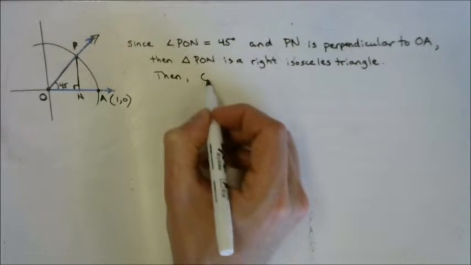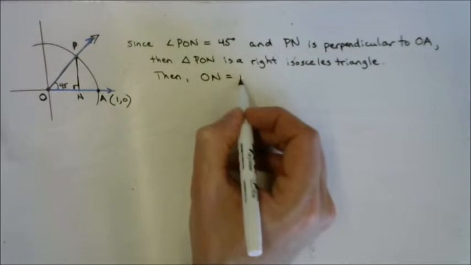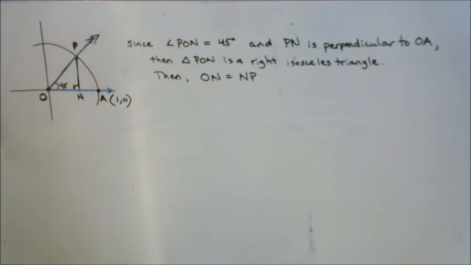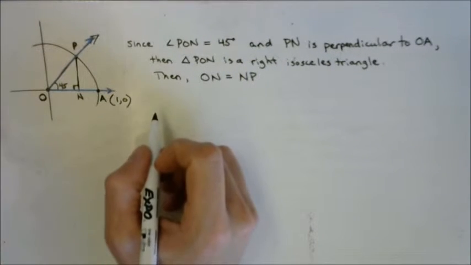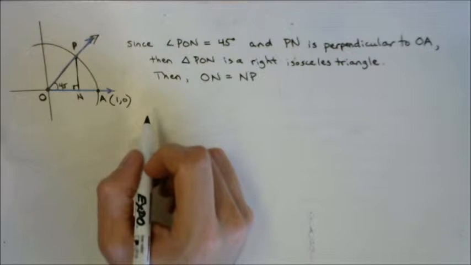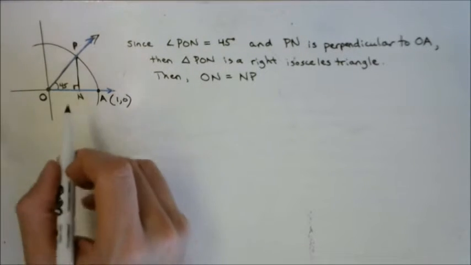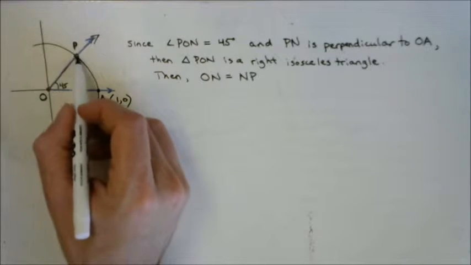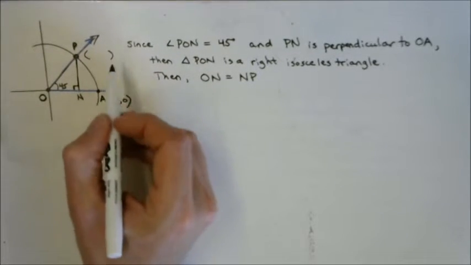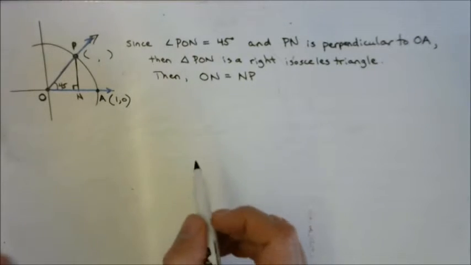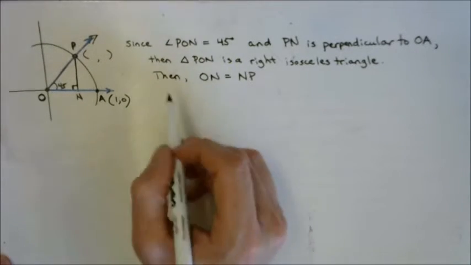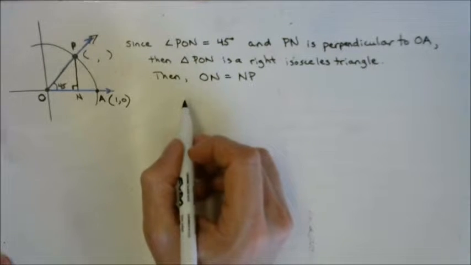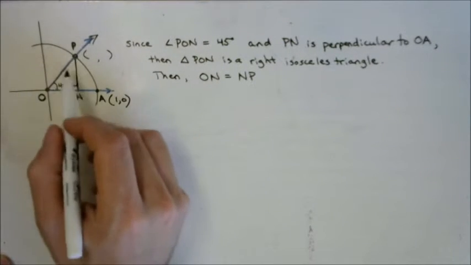Then ON equals NP. So we're proving a theorem, and we'll understand it better when we get to it. Basically what we're going to get to is the length of each of these sides, okay, which is going to give us the coordinates of point P. So if we have this and we have a right angle triangle, we have a theorem that we can use in right angle triangles that relates the three sides together.